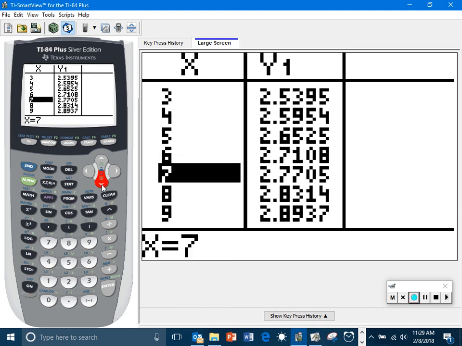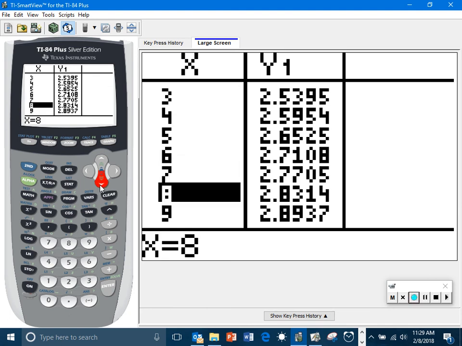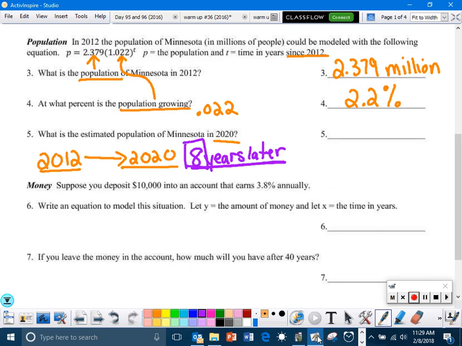Here's the number 8 right there. That's representing the year 2020. And we're going to write 2.8314 million. Please write the word million behind it.